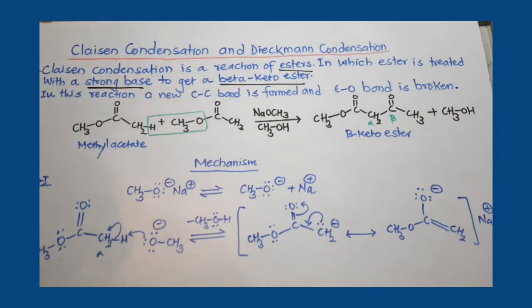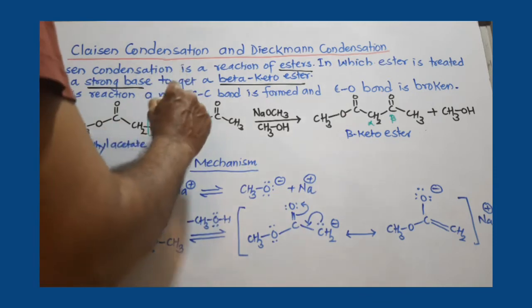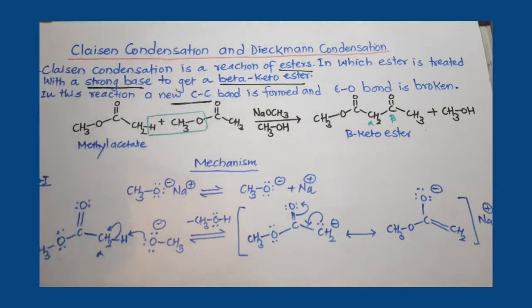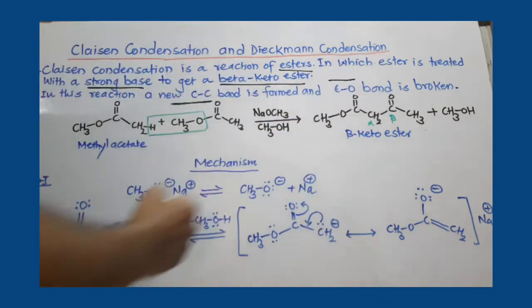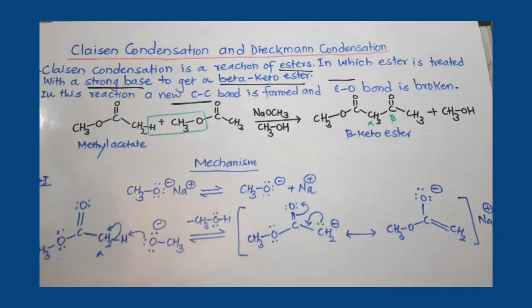So what happens in this reaction? There is always formation of a carbon-carbon single bond, and one carbon-oxygen bond is broken. So this is all about Claisen condensation in general. To understand this reaction, I have considered one example. I have taken methyl acetate.